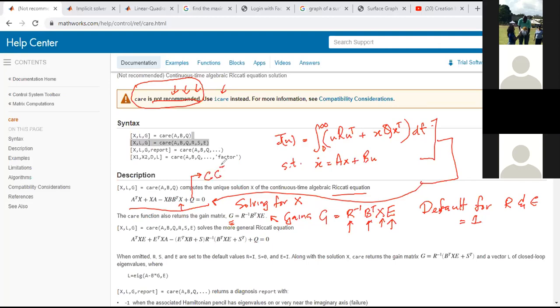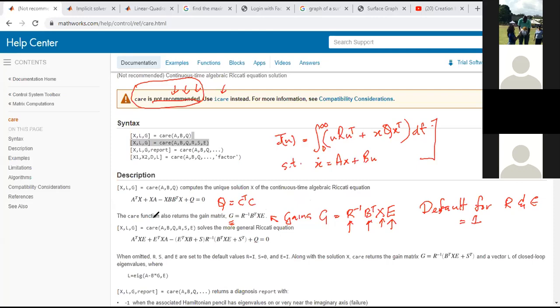Q is the matrix C times C transpose. Do I have it right? No, sorry, the other way around: C transpose times C. So Q is equal to C transpose times C. R is 1 and E is 1.